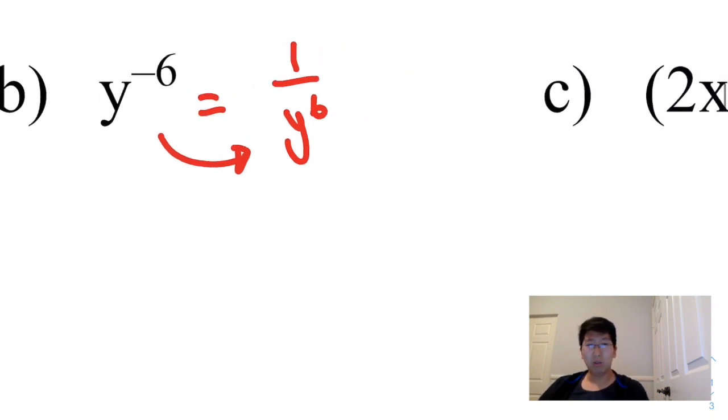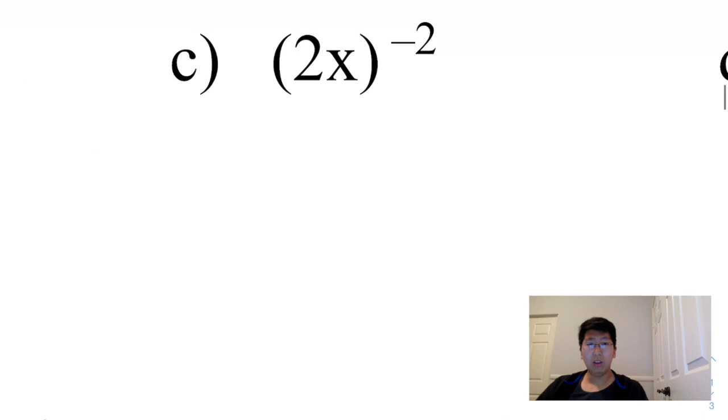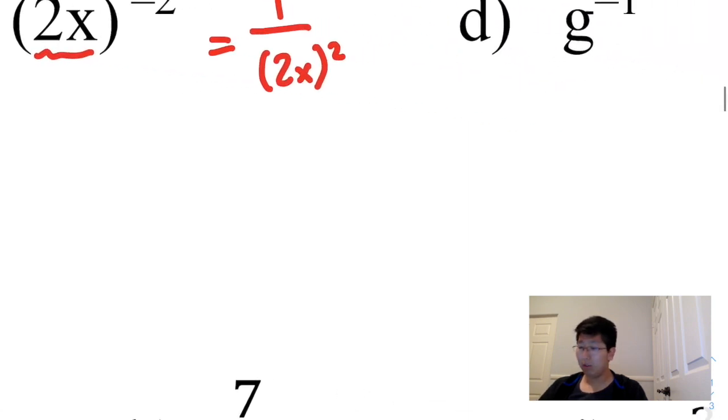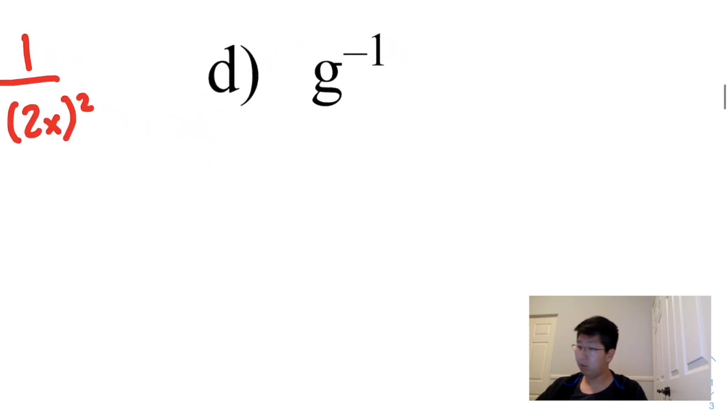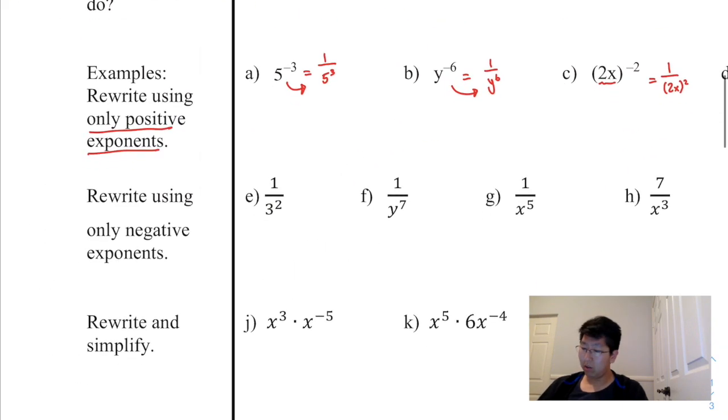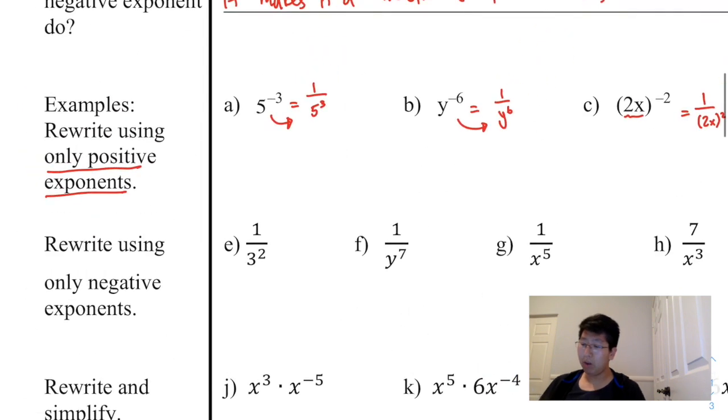This guy right here, 2x, the whole thing is raised to the negative 2nd power. So this is actually going to flip everything that goes into the parentheses. So this is going to be 1 over 2x to the 2nd power. Okay, and here we use very simple g to the negative first, 1 over g to the 1st power. Okay, so that's writing it with only positive exponents.